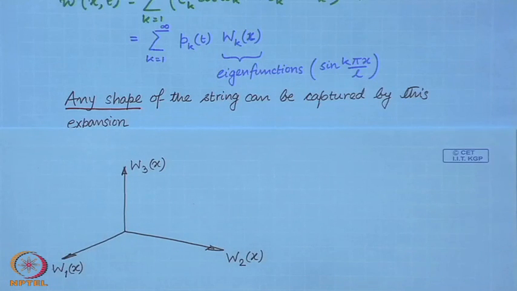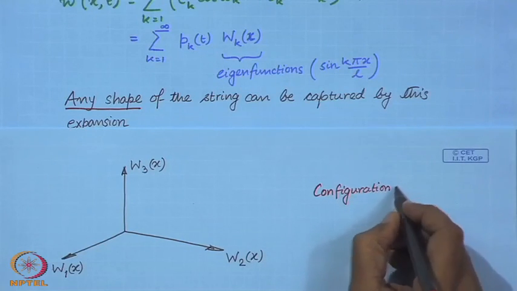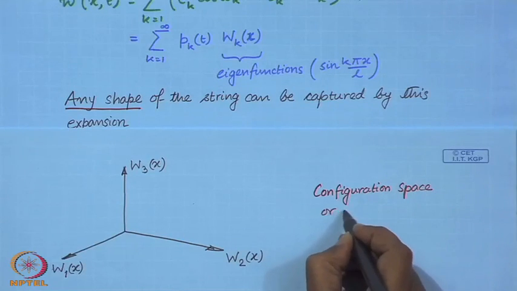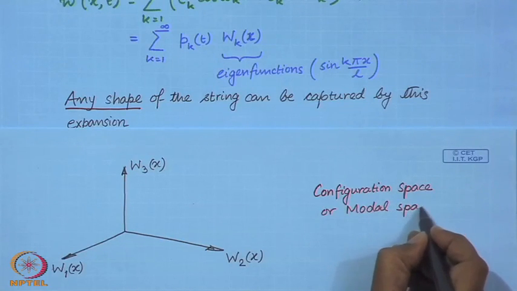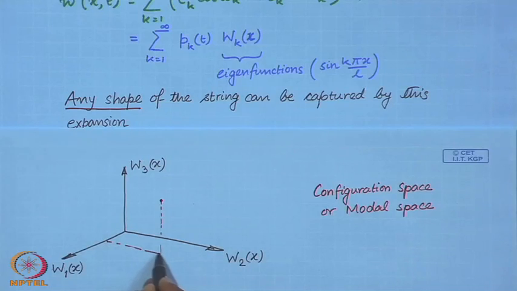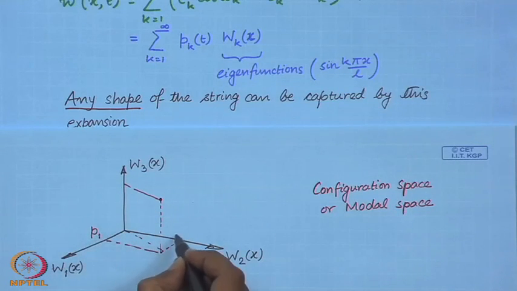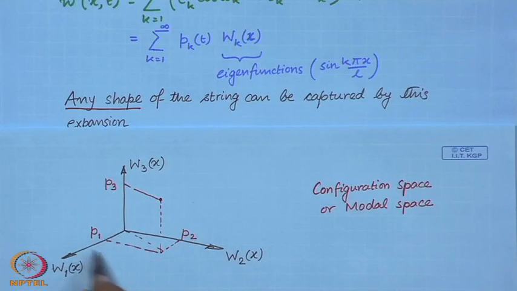So, in such a space, which is known as the configuration space or the modal space, a point with coordinates p 1, p 2, p 3, p 4 etcetera represents the configuration of the string at the time instant when the coordinates are p 1, p 2, p 3 etcetera.